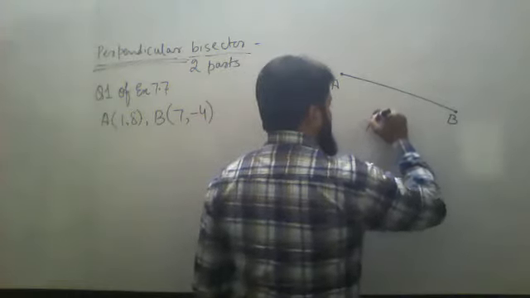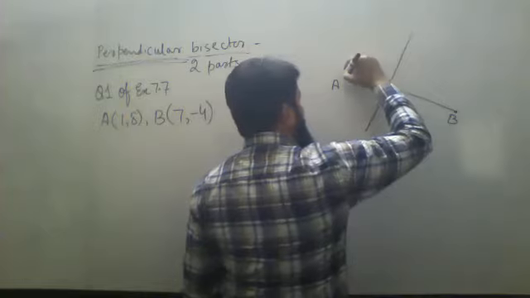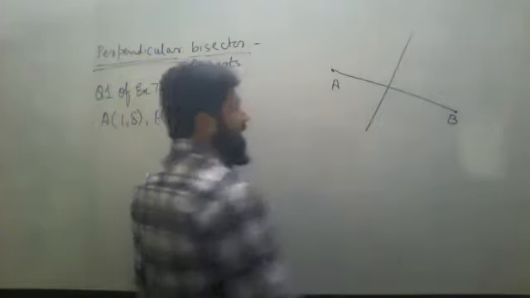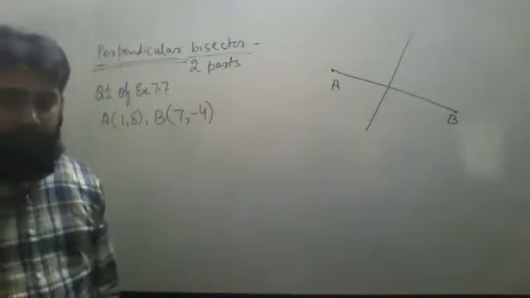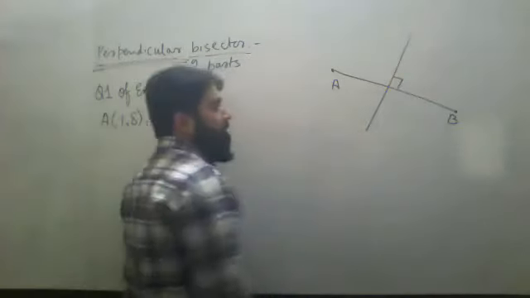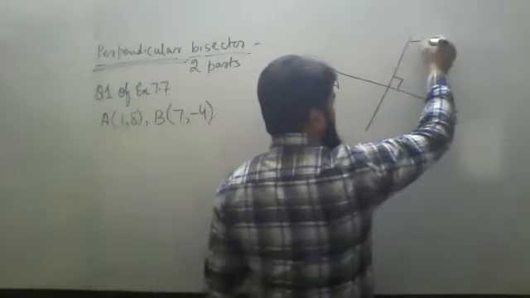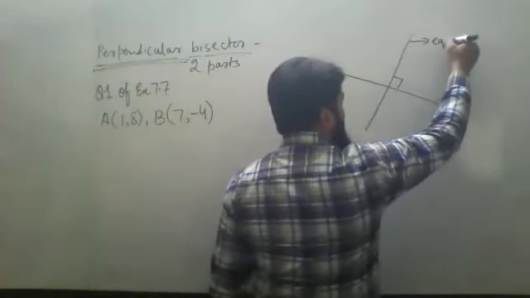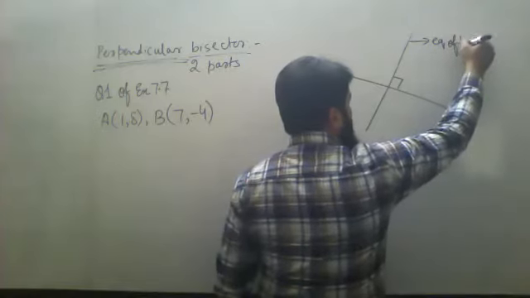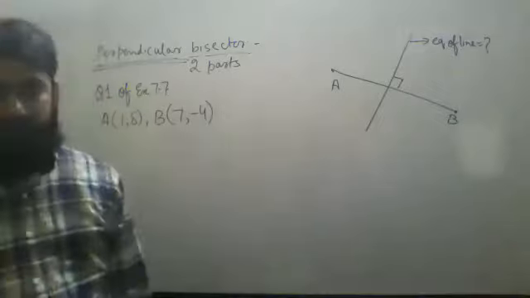It is bisected by a perpendicular bisector, which is making 90 degrees. They are telling us to find the equation of this line, which is the perpendicular bisector.